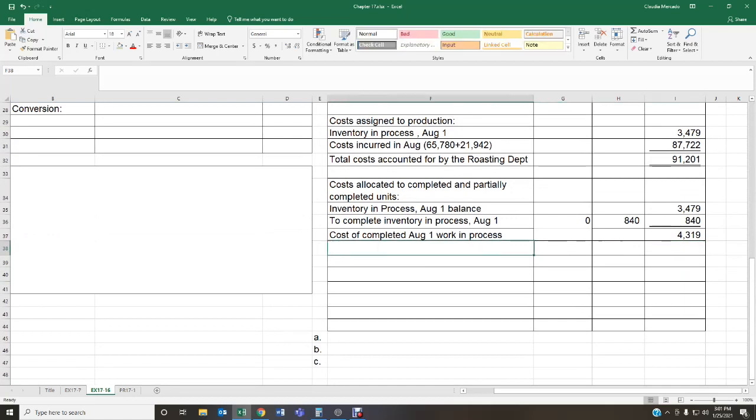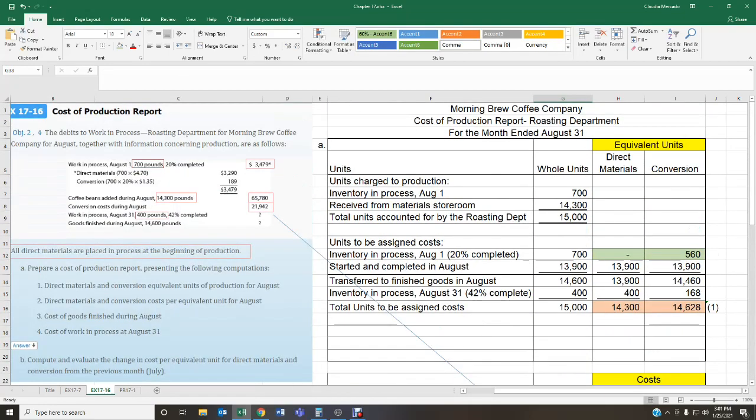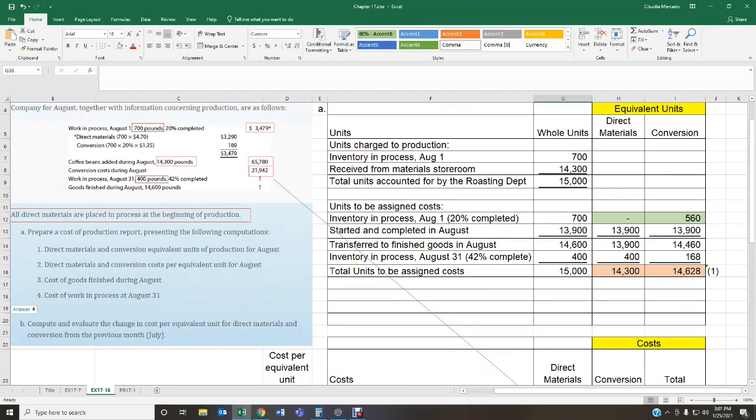Now we're going to get what we started and completed this month in August. So how are we going to do that? Well, we're going to come up here to the first part where we calculated our equivalent units, and we're going to get what we started and completed in August. This right here, 13,900. Okay.